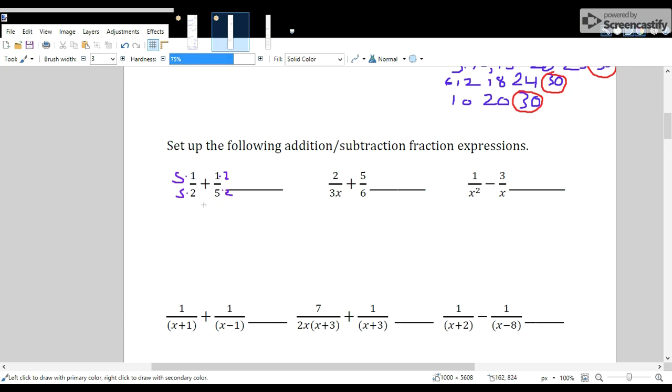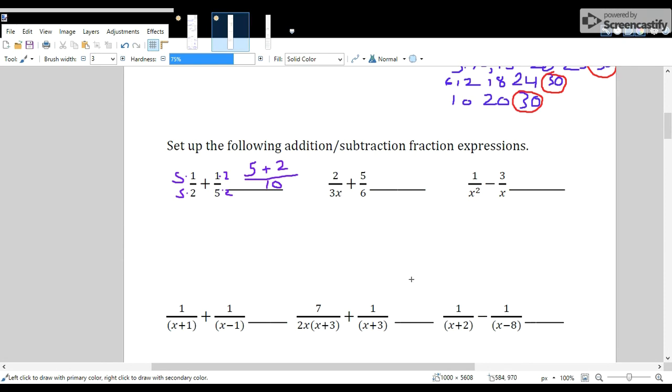But if it's not the least common multiple, there will be some reducing needed at the end. So our setup fraction would be 5 plus 2 all over 10.